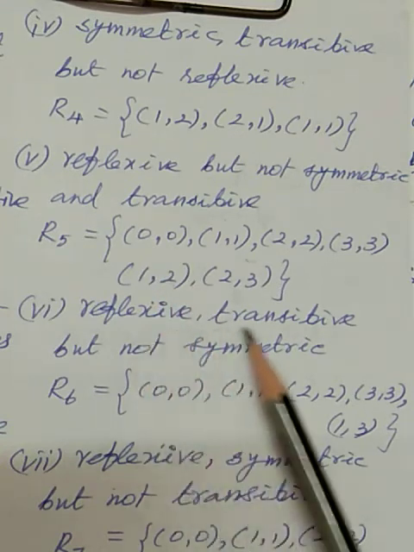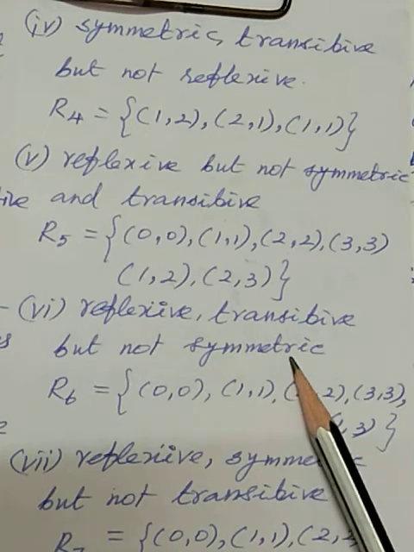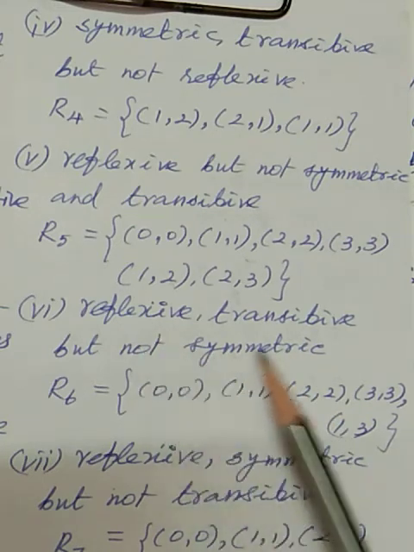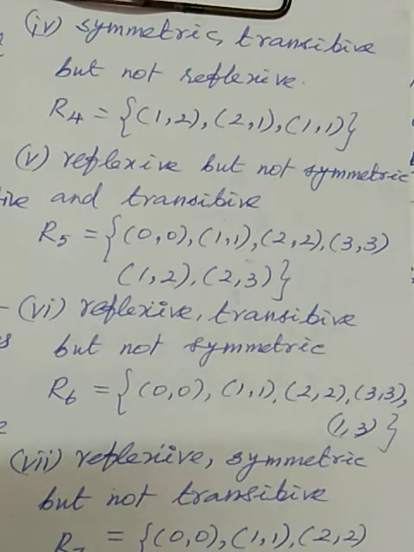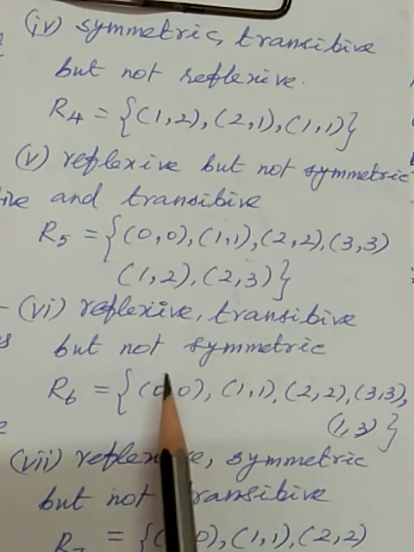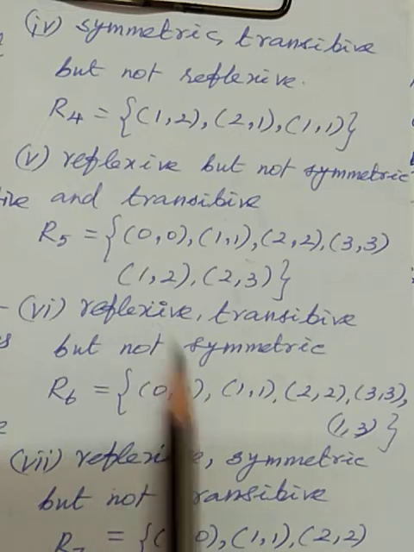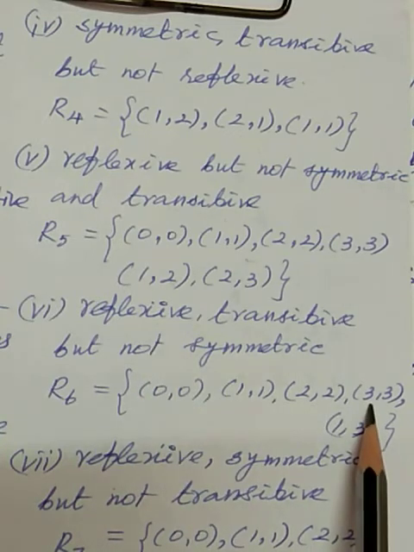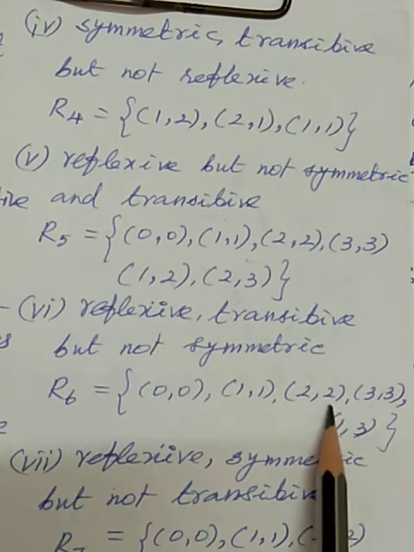Then sixth one, reflexive, transitive but not symmetric. It is not symmetric. So reflexive, all these must lie here, so it is reflexive.